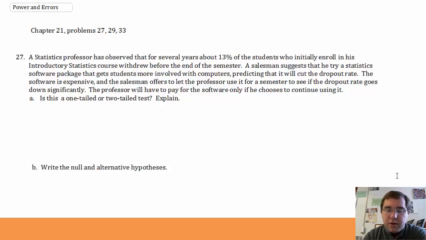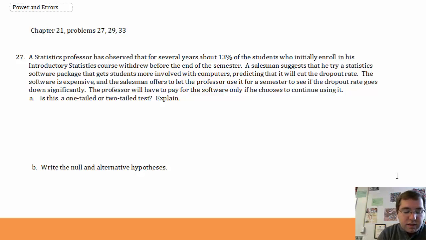Part A. Is this a one-tailed or two-tailed test? And explain. Well, since he's only interested in cutting the dropout rate, then he only wants to know if it's going to lower the dropout rate. So this is a one-tailed test. The claim of the salesman is that it's going to cut the dropout rate. That's the claim that he's testing.